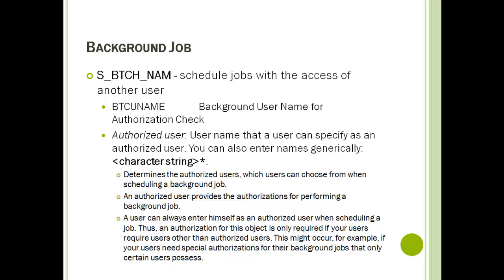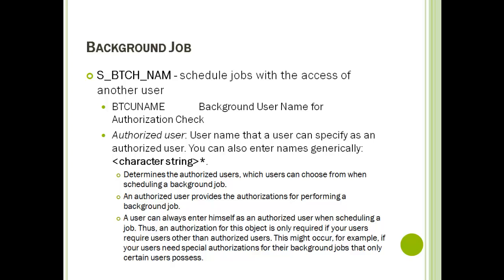Now you may wonder, why do I need to schedule under a different user? This is called the background user authorization concept. In general, all the users can run only their own jobs, what they are authorized to.